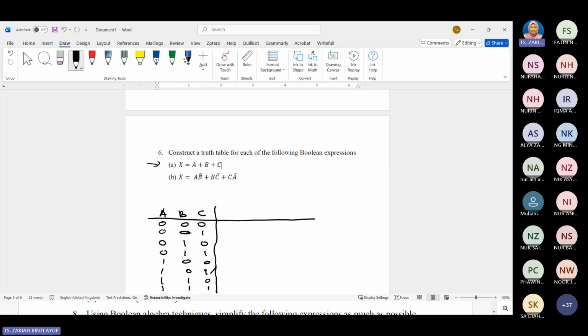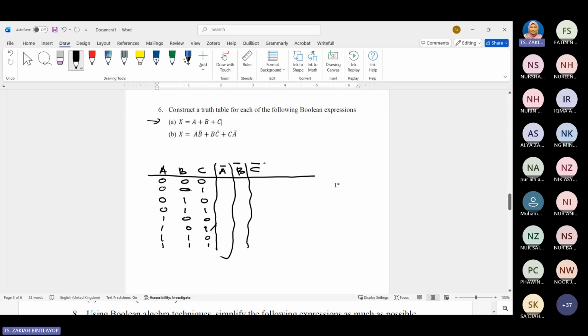So in this case, we have a not there, right? Now start with the A bar and then put a column and then B bar. Okay, draw the column and then put a bar and then C bar like that.